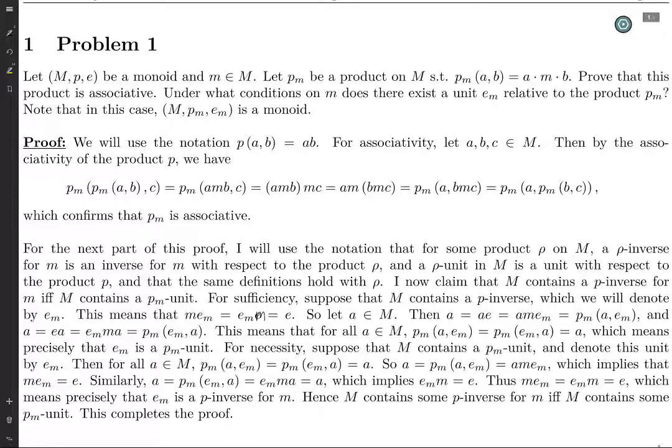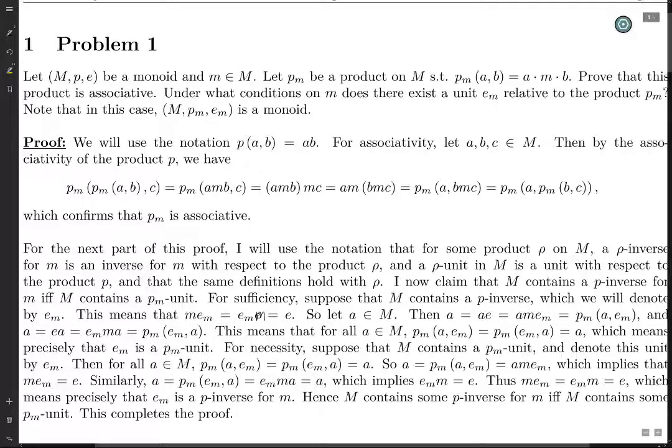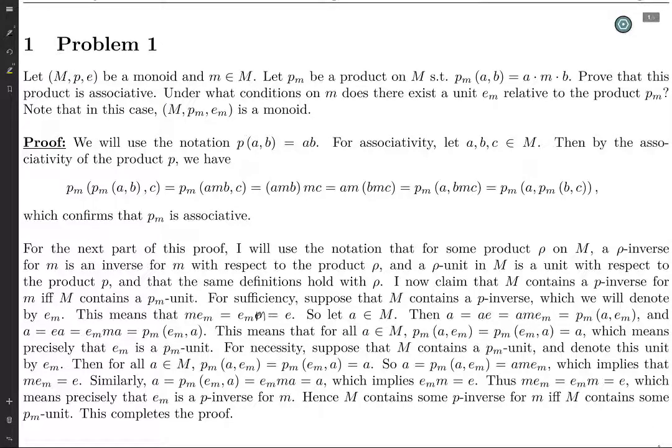And then you just choose some A in M, and then what happens? Let's see here. So if M contains a PM unit, then you choose some A in big M, and then PM A EM equals PM EMA equals A. That's just by definition of having a PM unit.